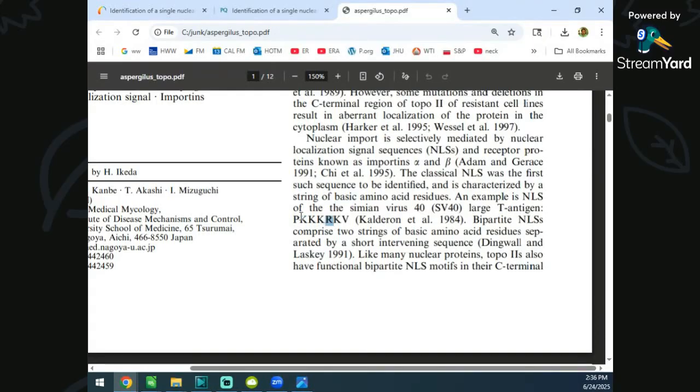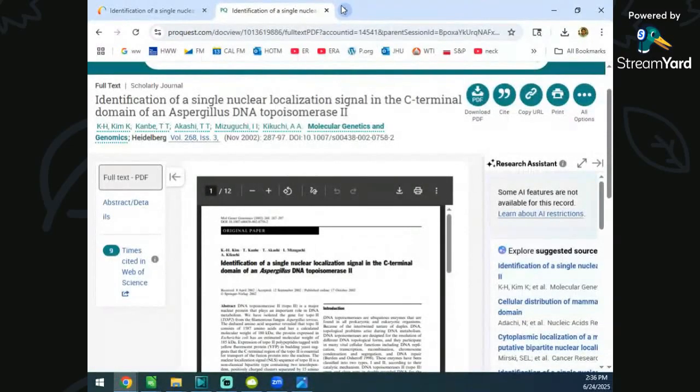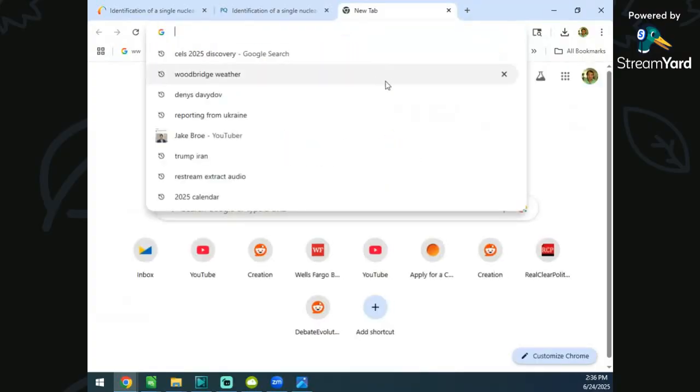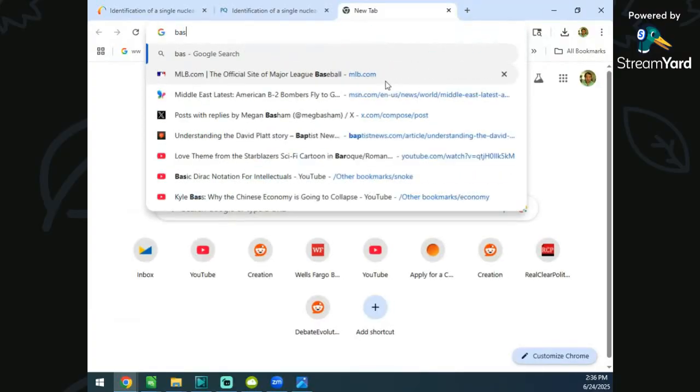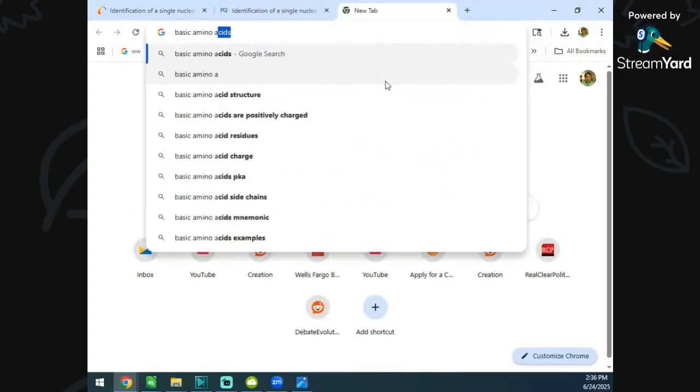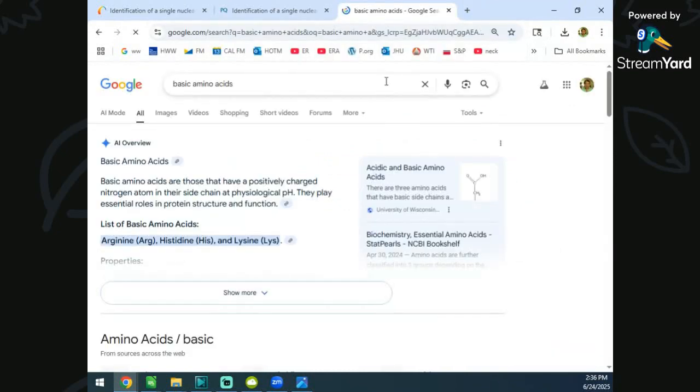Maybe we could do a quick Google. Okay, let's do a quick Google. So I'm expecting to see arginine and lysine. K is for lysine. You know why they made it a K, even though it begins with an L? Because there's another amino acid that begins with L, so they said, "We'll give it K."